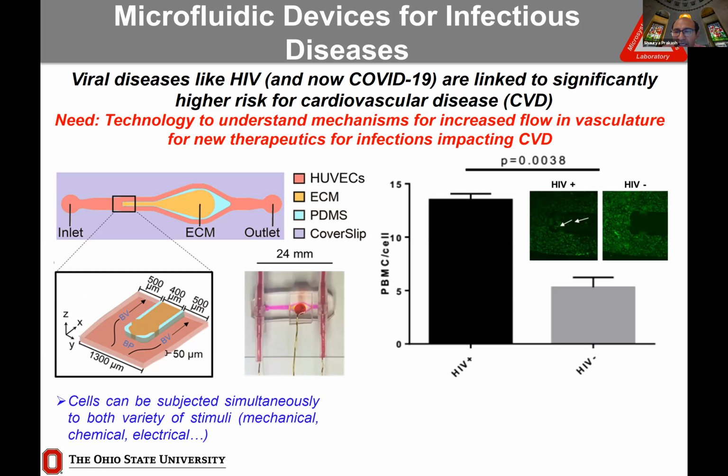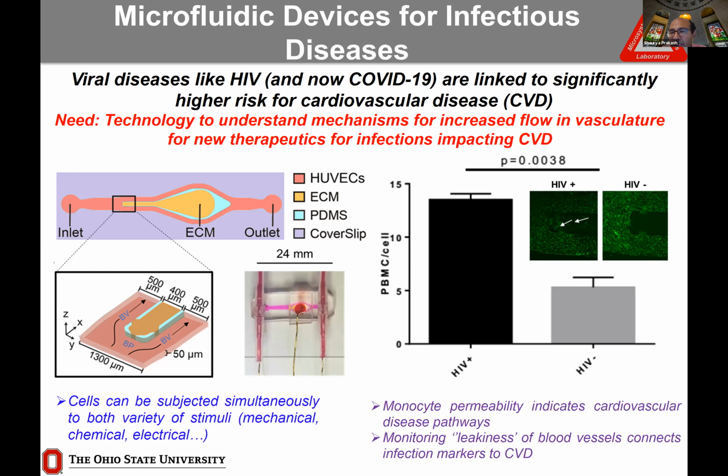Very quickly, what we found in our study when we spiked the incoming flow with blood serum or ingredients from HIV patients is that the leakiness, or the permeability, of the blood vessels goes up. And this is what causes serious heart events or cardiovascular events. This is similar to the mechanisms that are being seen with COVID-19.